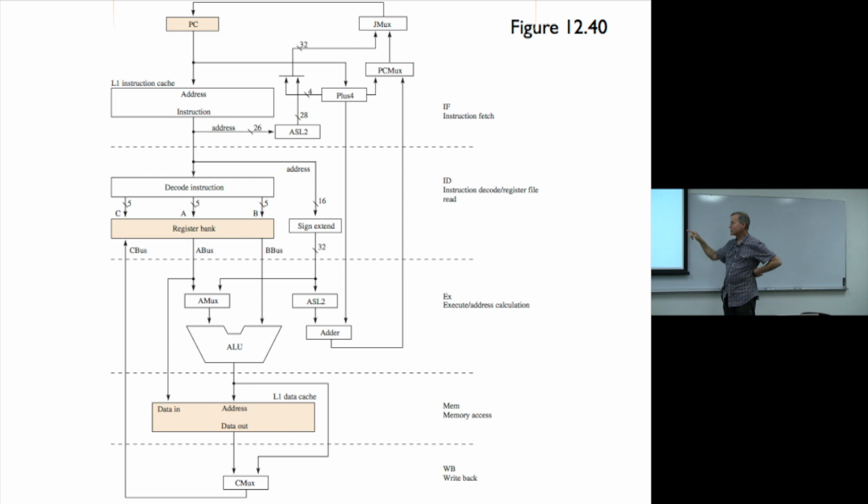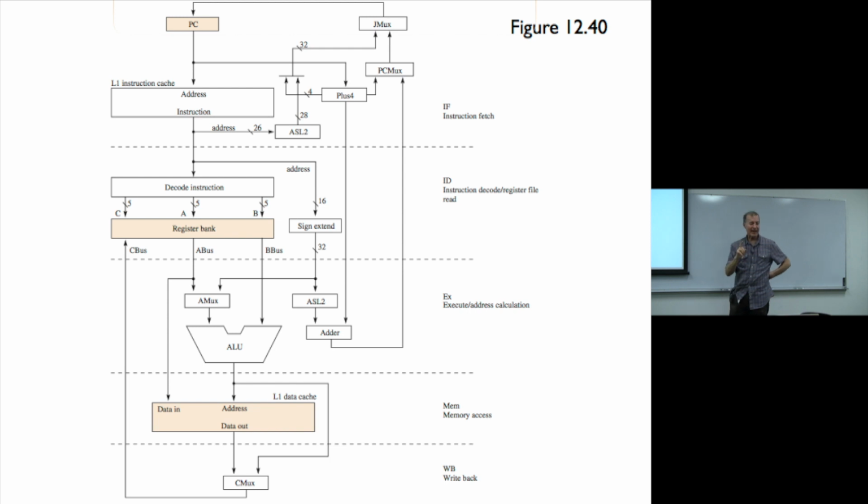Now look, you guys. So there's that register bank. That's at the heart of the whole thing, just like our register bank in PEP9. And look, what does it have coming out of it? An A bus and a B bus, just like our A bus and B bus. So it has a two-output-port register bank. And what does it have coming in from the bottom? The C bus. Are you with me?